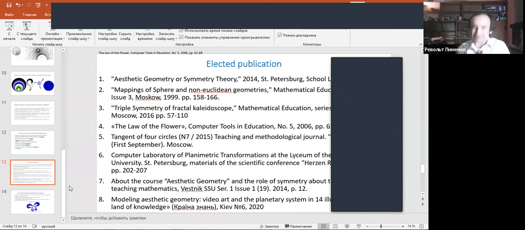I have this magazine in my hands. Boris Tuchinsky from Kiev asked me to write for this journal.